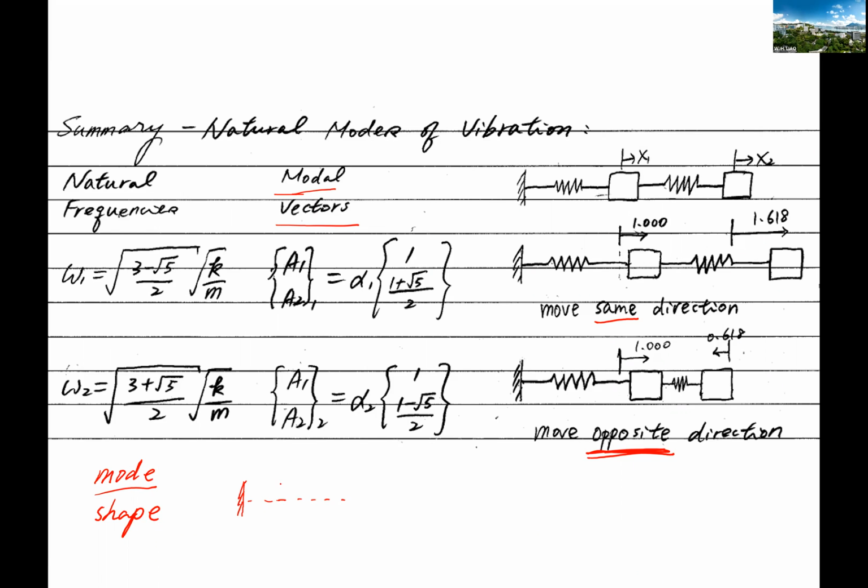Basically, above the dash line means positive, and below means negative. So from the reference, you'll be 1 here. And then for M2, you'll be 1.618, right? So we can draw another one, 1.618, which will be larger like this.